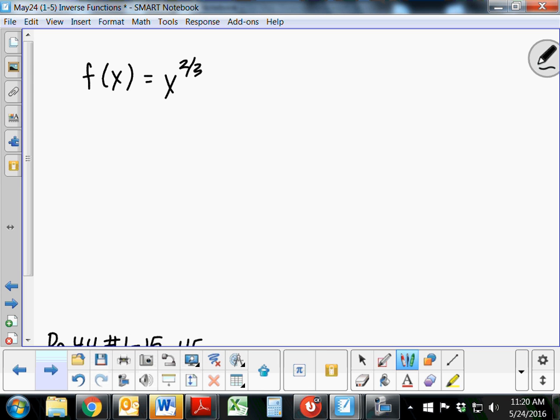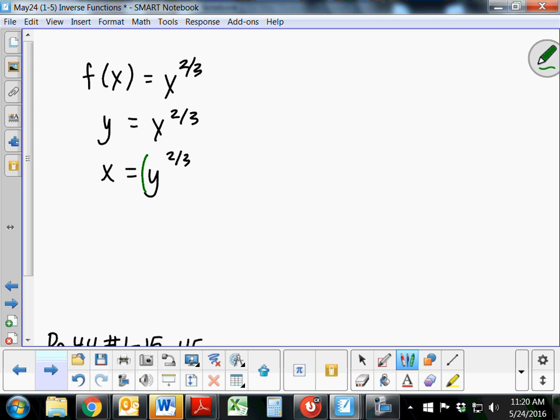Okay. Let's go through and let's do this. So if I wanted to find its inverse, how would I do that? Okay. So I'm going to make this say x equals y to the 2/3 power. Now you raise the x to the 3/2. So he's trying to get y by itself.